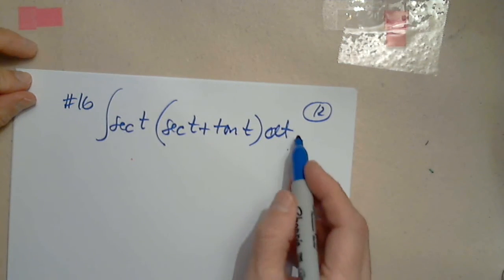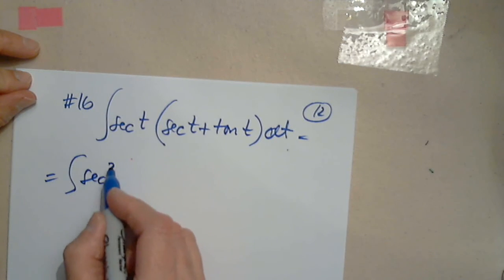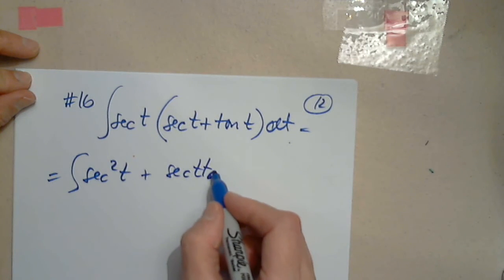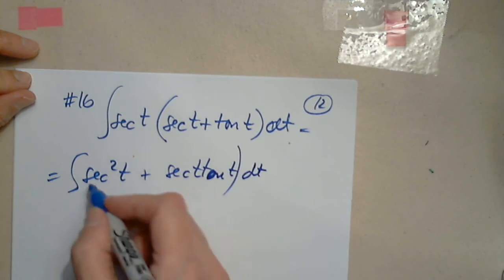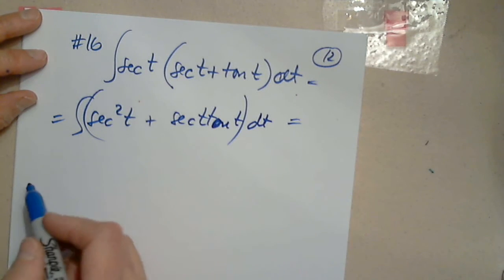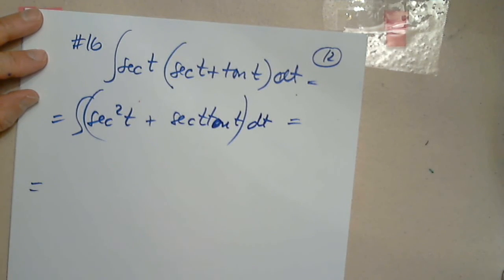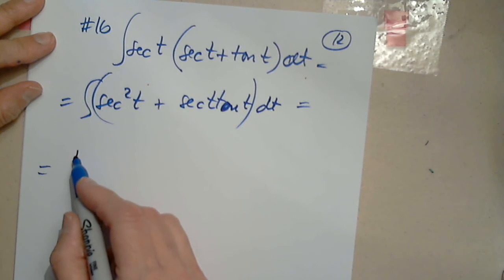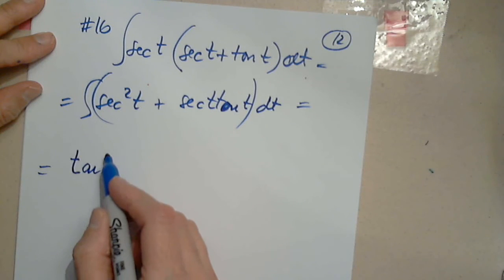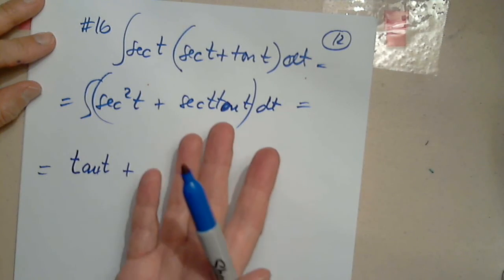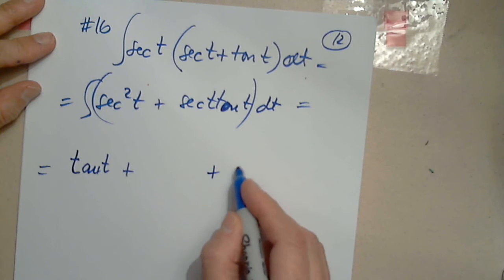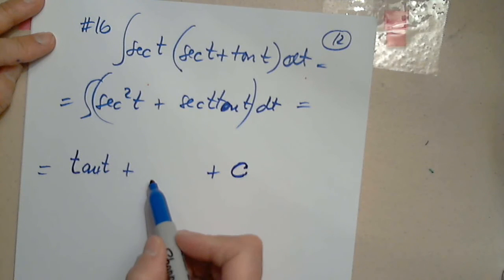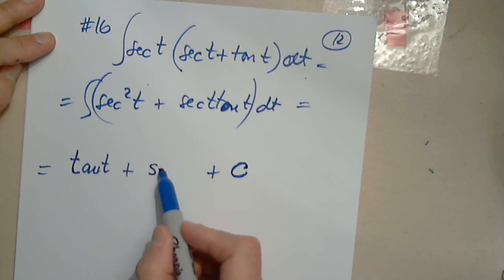So this is the integral of secant squared dt plus secant t tangent t dt. Not a problem. Which function prime is secant squared? Tangent. Very good. Tangent t plus which function prime is secant tangent? Is it just secant? Very good.